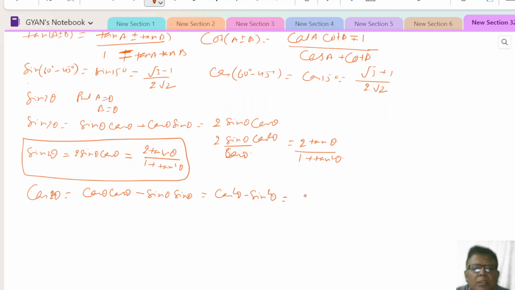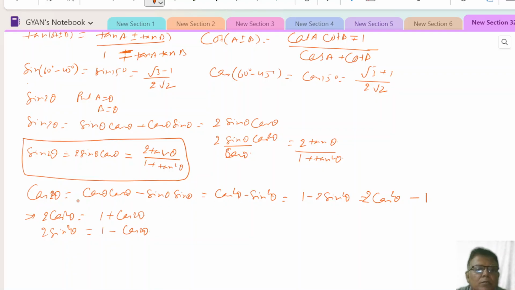So this also you can write as 1 minus 2 sin square theta, or you can write 2 cos square theta minus 1. Further, 2 cos square theta is equal to 1 plus cos 2 theta, and 2 sin square theta is equal to 1 minus cos 2 theta.